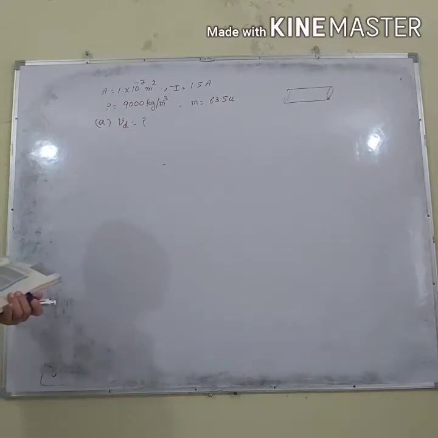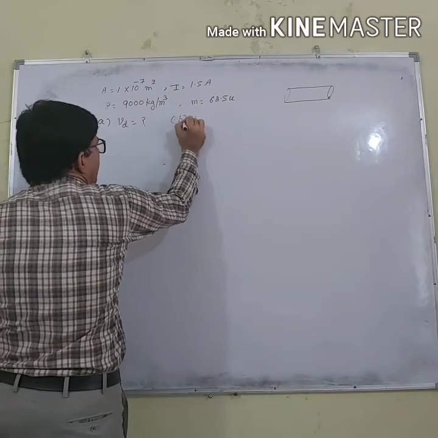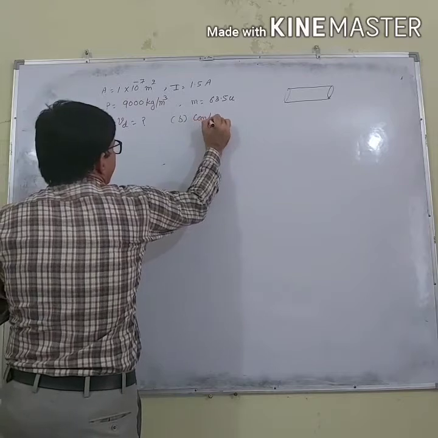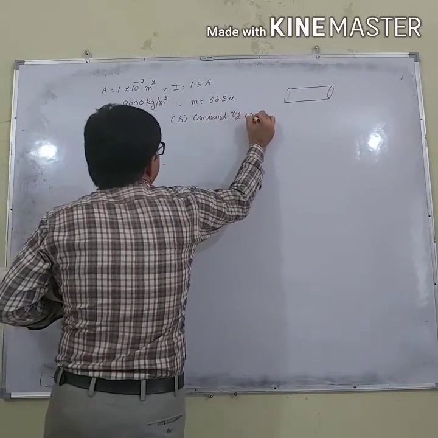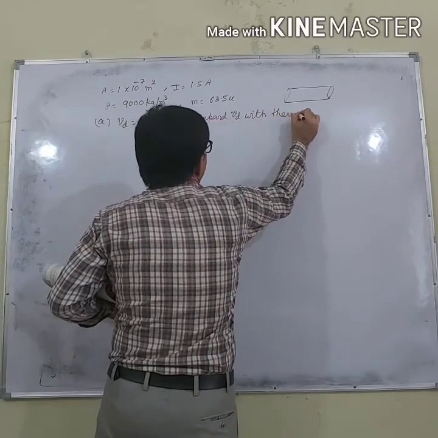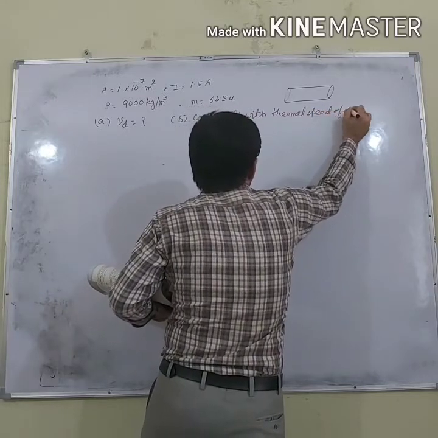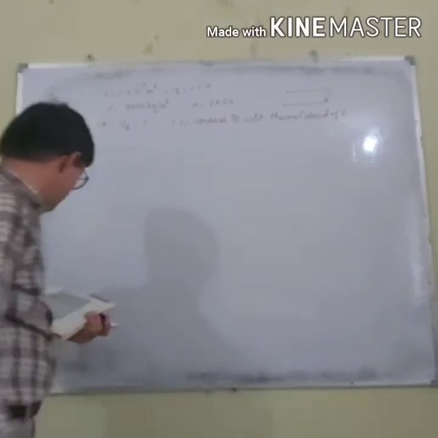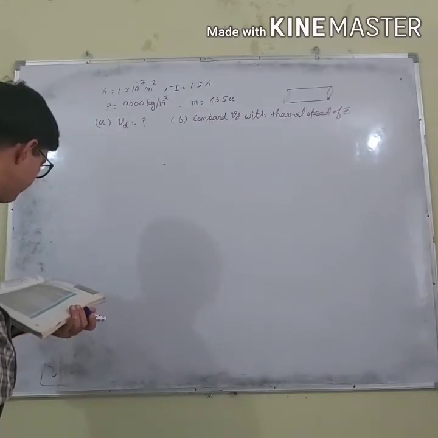Second, I have to compare drift velocity with thermal speed of electrons at ordinary room temperature.